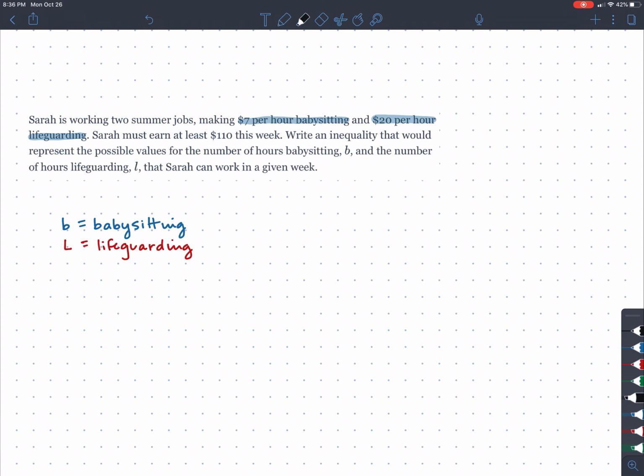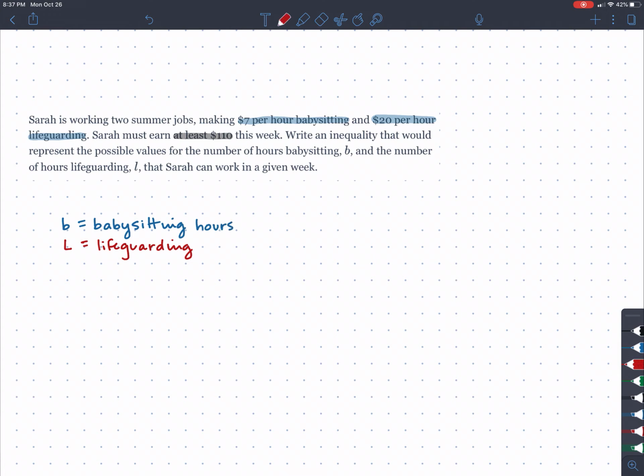Sarah must earn at least $110 this week. At least $110. Write an inequality that would represent the possible values for the number of hours babysitting and the number of hours lifeguarding that Sarah can work in a given week. So, the other thing that I should add is babysitting hours.